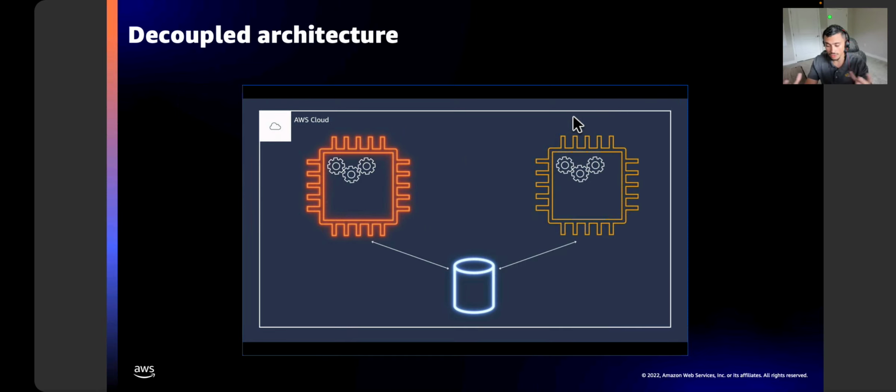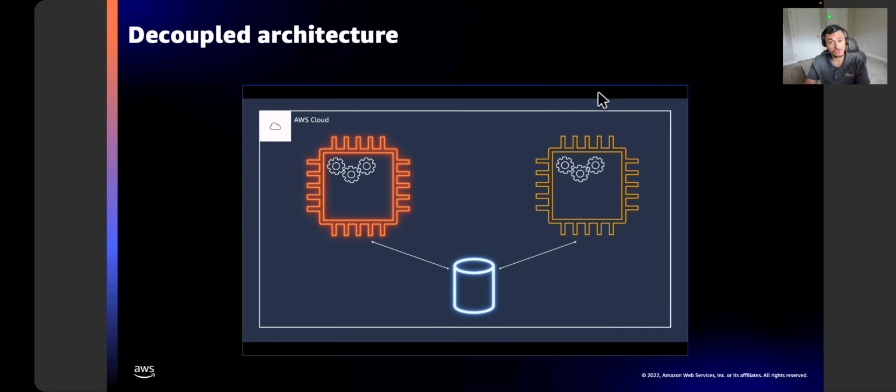That's why we'll decouple this architecture and make use of a specialized service to run our database, such as Amazon RDS, the Relational Database Service. Now, if our app servers go down, we'll still have our data durably stored somewhere else. So that's one thing that we can do to decouple that architecture.